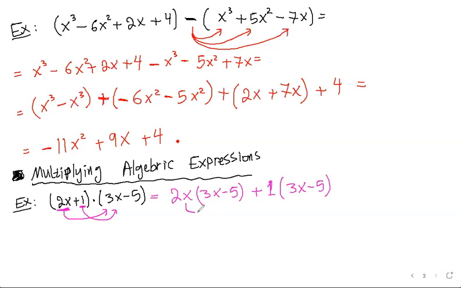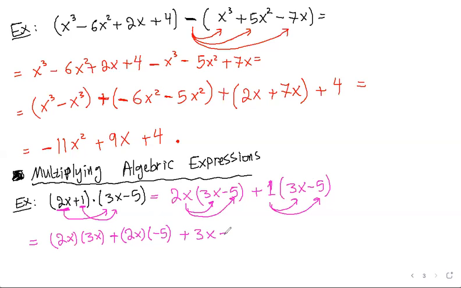We distribute it again, this one with this one, this, and the 1. So again, 2x times 3x plus 2x times the minus 5, plus here the 1. 1 multiplying anything keeps the second term without change: 3x minus 5.